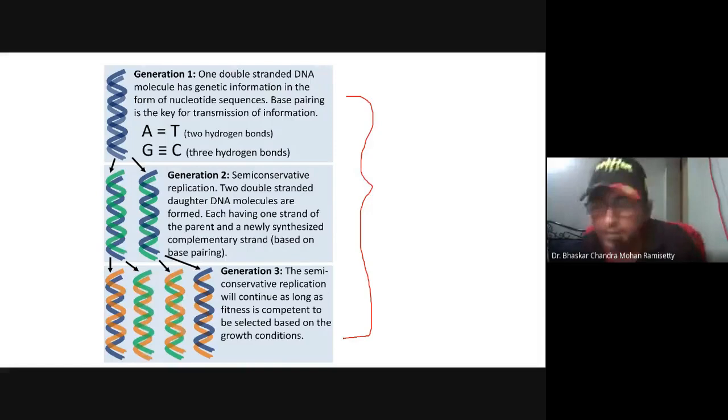And then there is also a third model that is called dispersive. So out of all these, this experiment proved that semi-conservative replication is correct, and so this is accepted and the others are rejected.